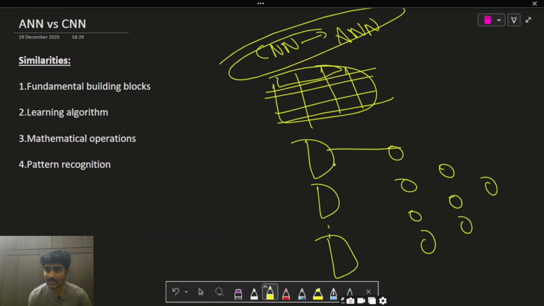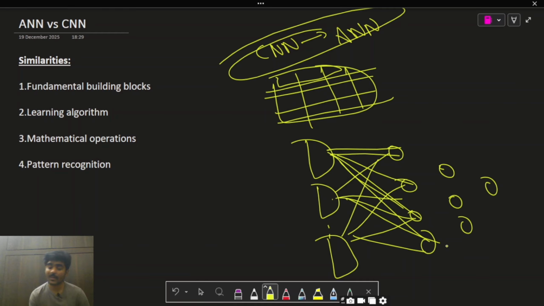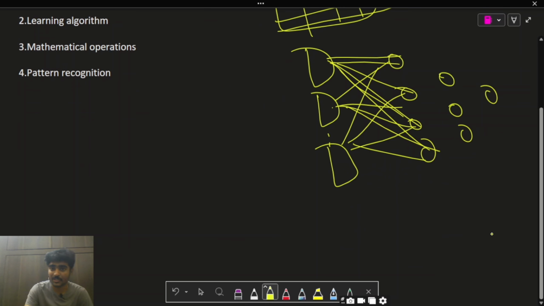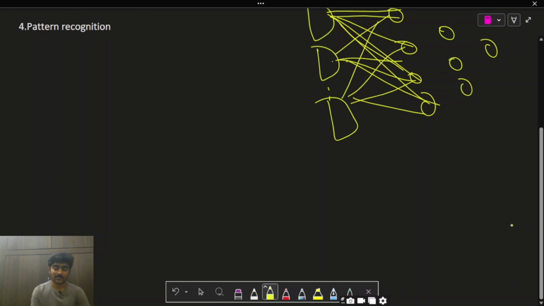I connect the hidden layer to the input layer. In this way I'll be parsing the entire data frame into my artificial neural network.